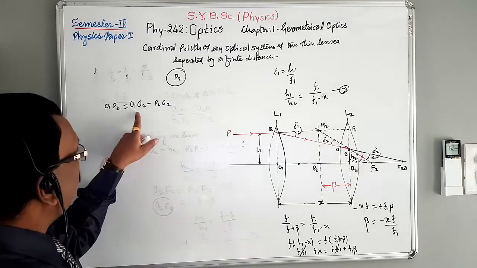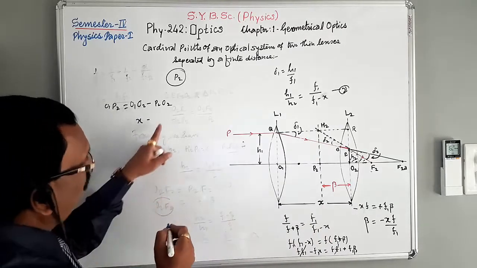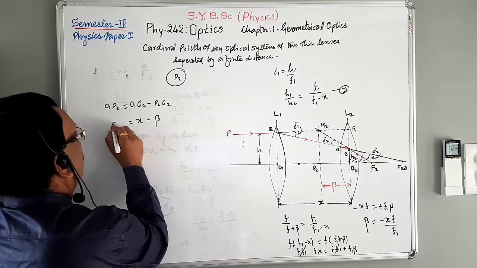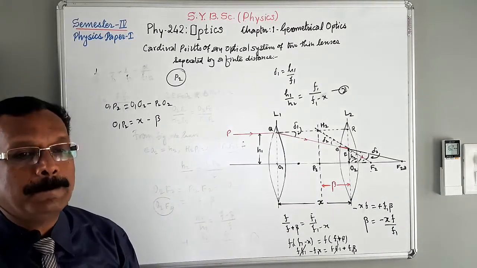Okay. What is O1 O2? O1 O2 is x and P2 O2 is beta. Okay.